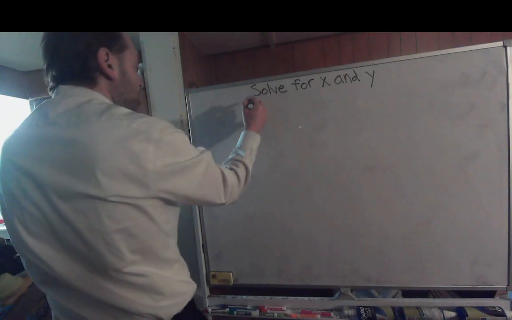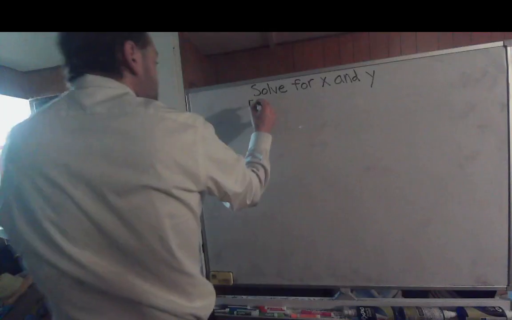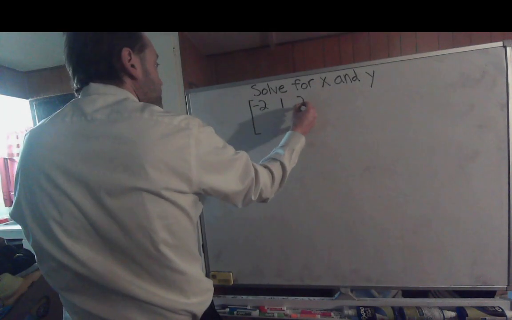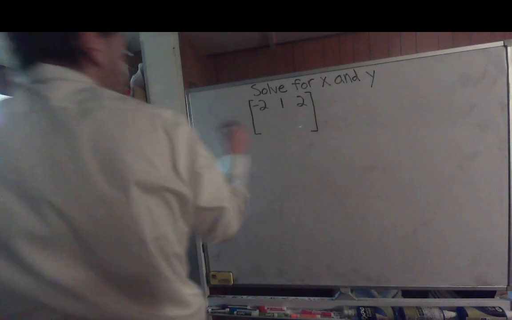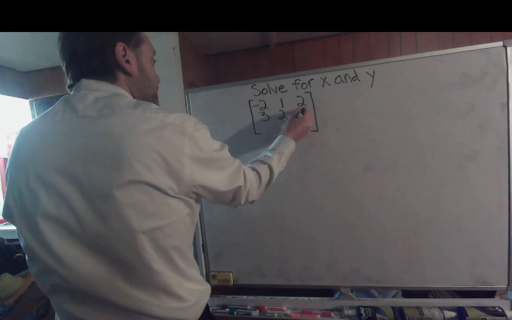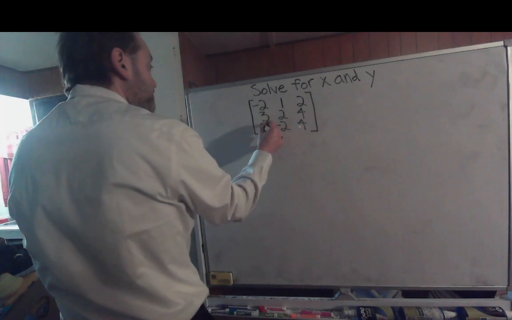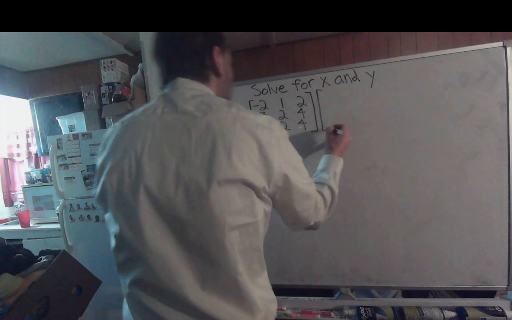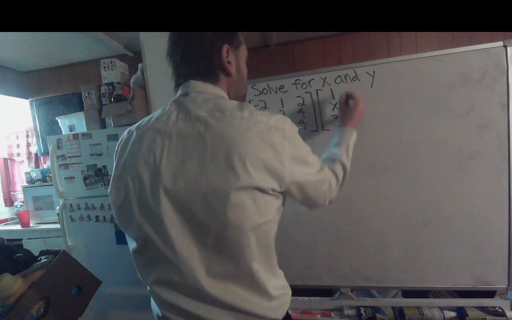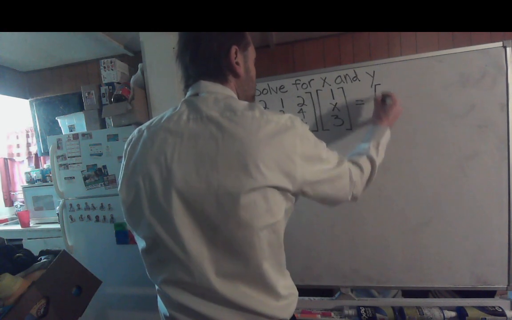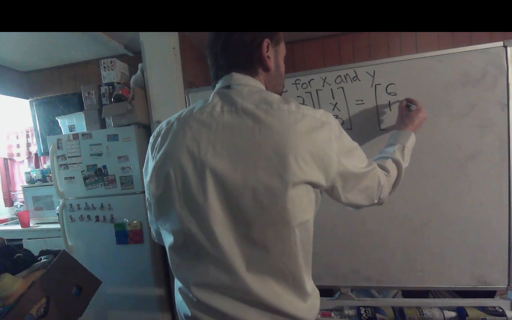We are given the matrix negative 2, 1, 2 for the first row, 3, 2, 4 for the second row, 0, negative 2, 4 for the third row, times the matrix of 1, x, and 3, all set equal to 6, 19, and y.